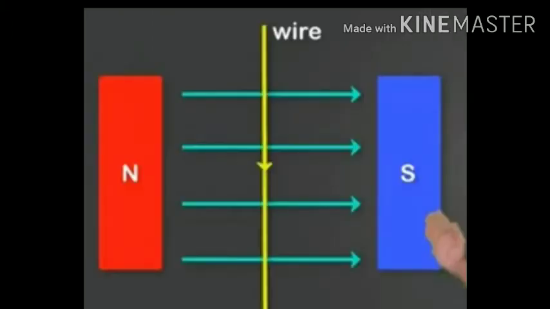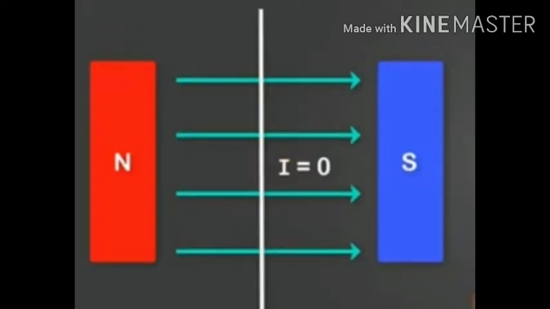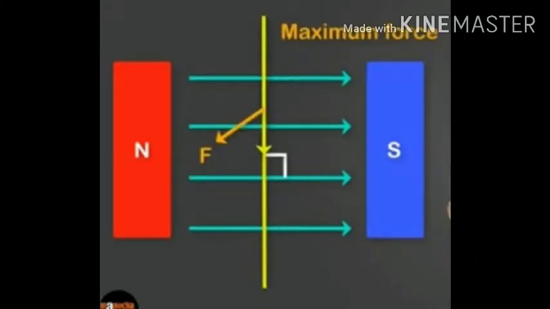If a conductor is placed in a magnetic field and when you pass current in the wire, a force is exerted on the wire which makes the wire move, and when there is no current in the wire, there is no force. Another thing observed is maximum force is experienced when the current carrying conductor is placed perpendicular to the magnetic field.